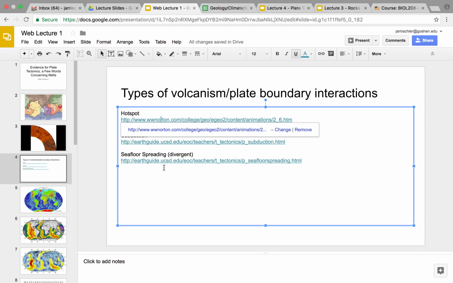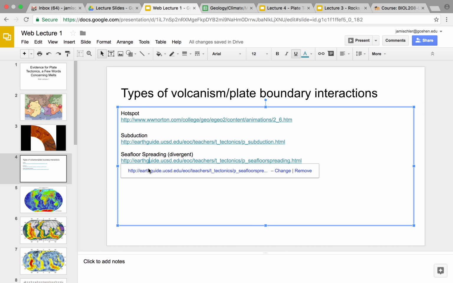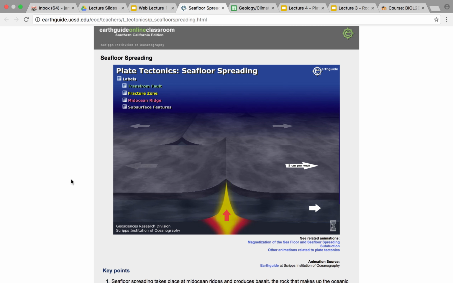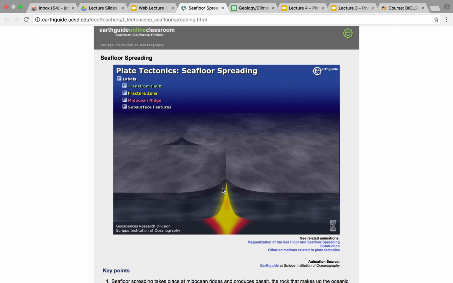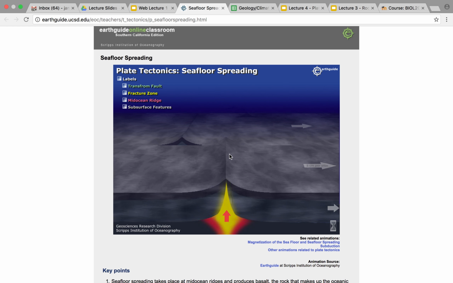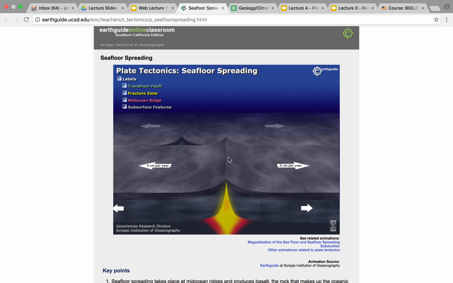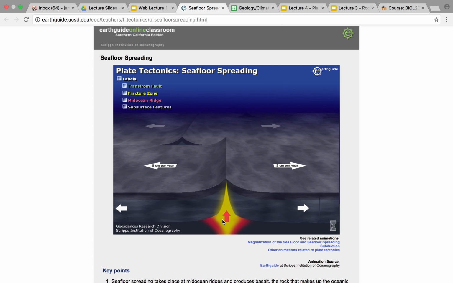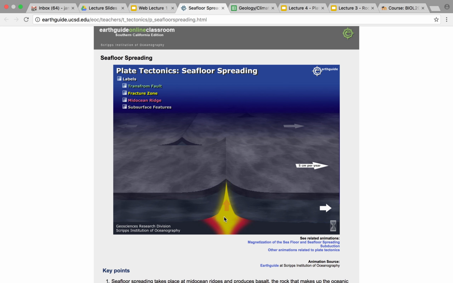So let me just mention too, seafloor spreading. Okay, now again, this is happening at the mid-Atlantic ridges and also other ocean ridges where new ocean crust is actively being produced. And the reason why there's melt here, because remember, there's not much melt.